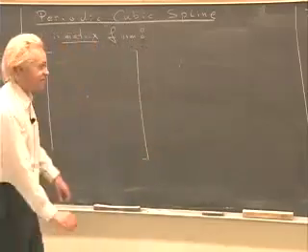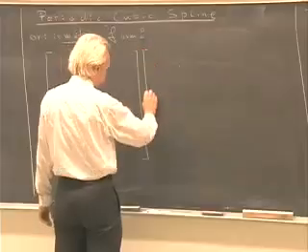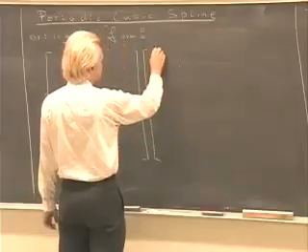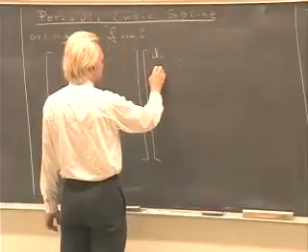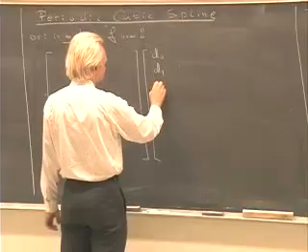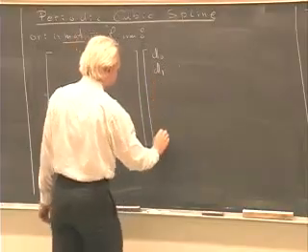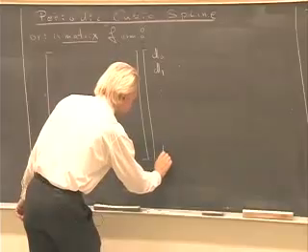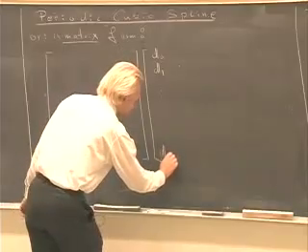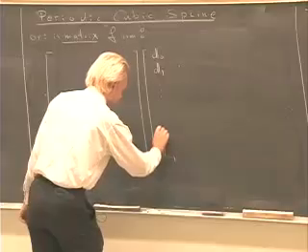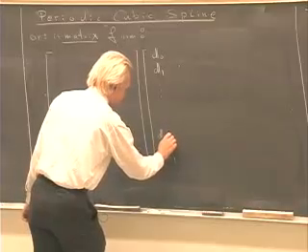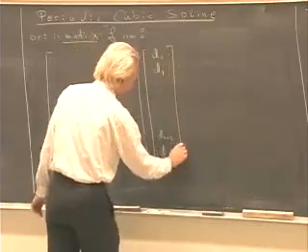The unknown vector is a vector of the unknown d's, and it goes d0, d1, and the last one is dn minus 1, and before is dn minus 2, equals on the right-hand side.